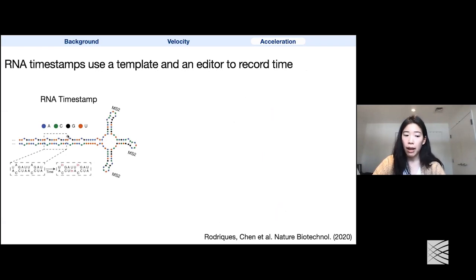And these edits are read out as A to G mutations in sequencing. So we designed the sequence to be very A-rich to maximize the number of editing sites and thereby our time resolution. Every editing site gives you another point to differentiate between the ages of two timestamps. And there are also these MS2 sites that serve as docking points for the editor in order to target the editing to the timestamps.